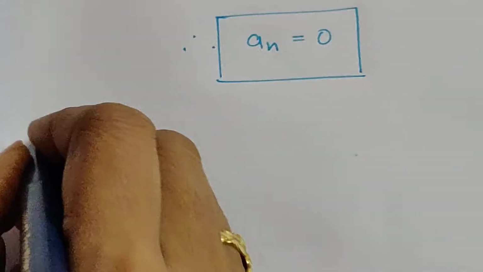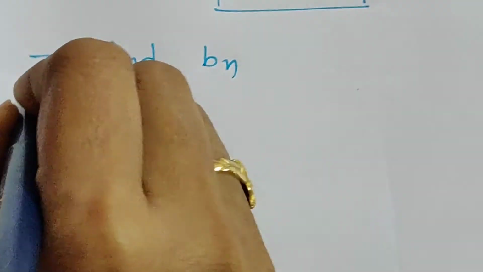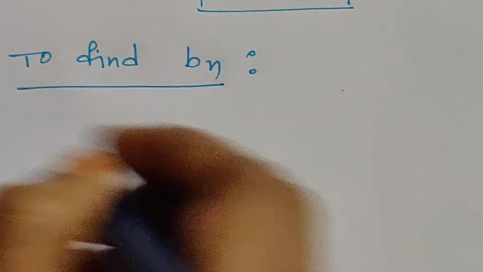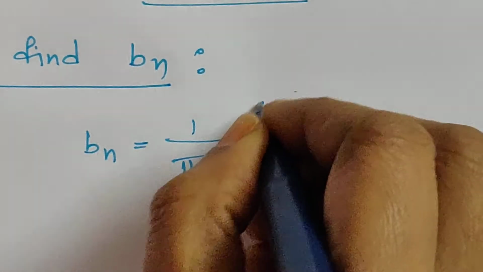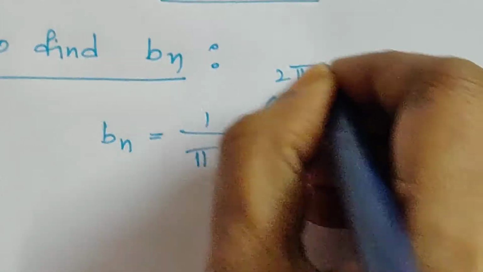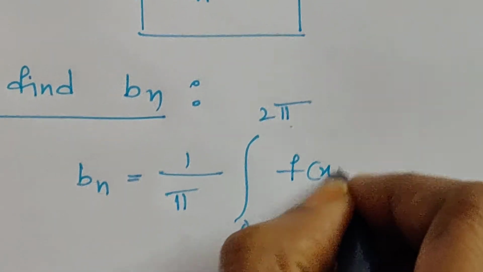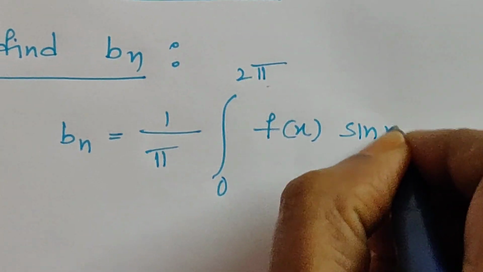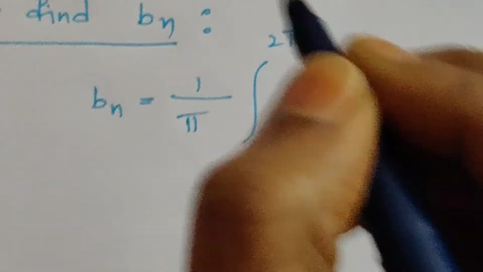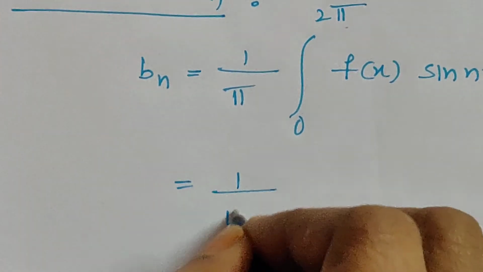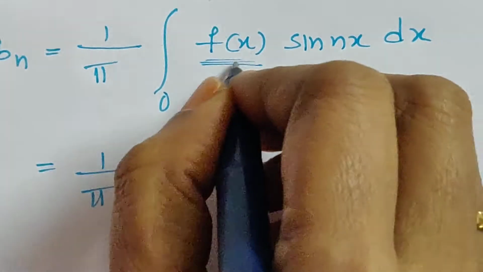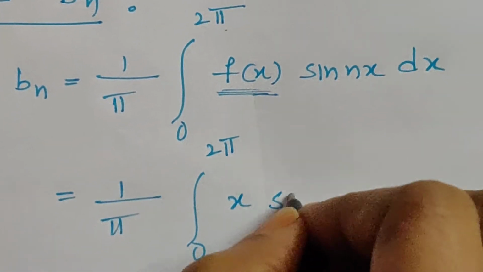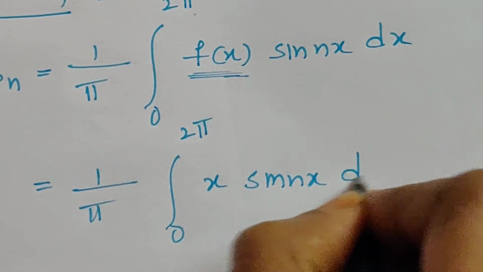Now, to find bn. The formula is 1/π integral 0 to 2π f of x sin nx dx. In our problem, f of x means x sin nx dx.